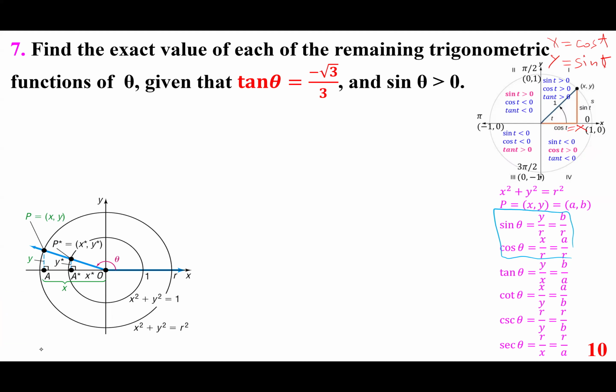If we remember that, then of course in the first quadrant, x and y are positive. In the second quadrant, x is negative. So that means cosine becomes negative. In the third one, x and y are both negative. In the fourth one, y is negative. So just go with x and y. X corresponds to cosine, y corresponds to sine. That makes it almost impossible to forget.